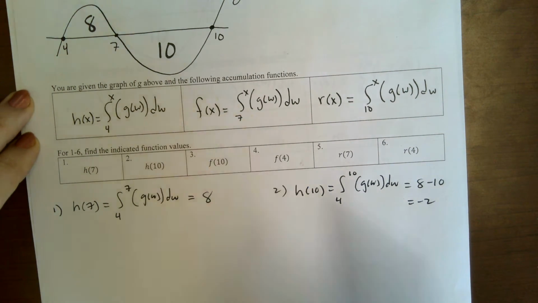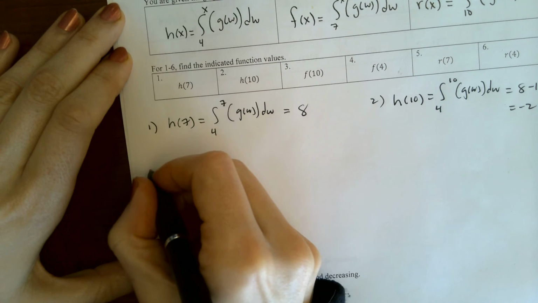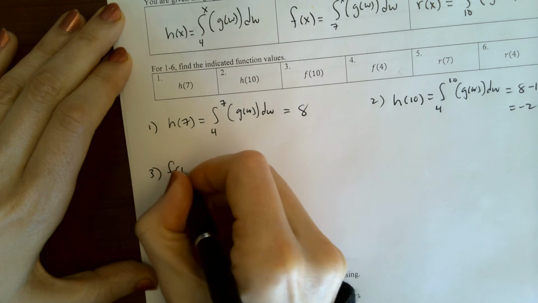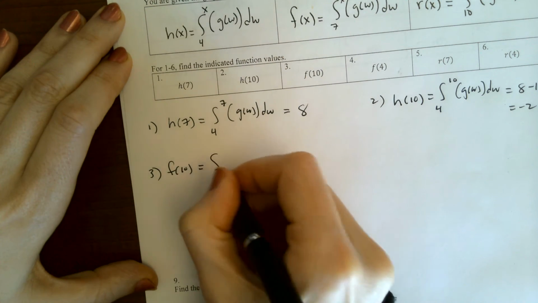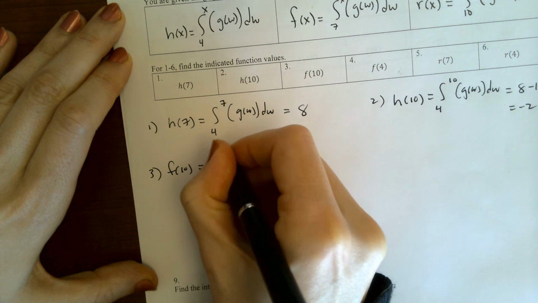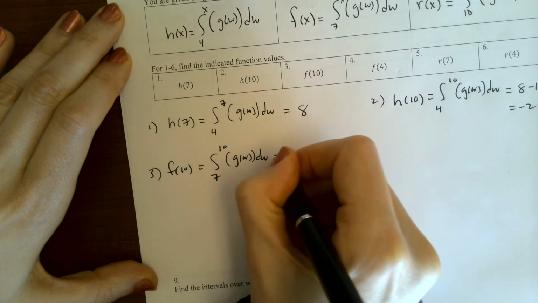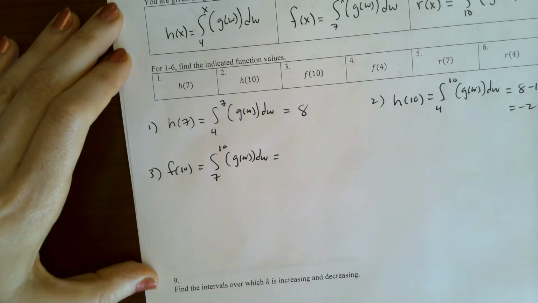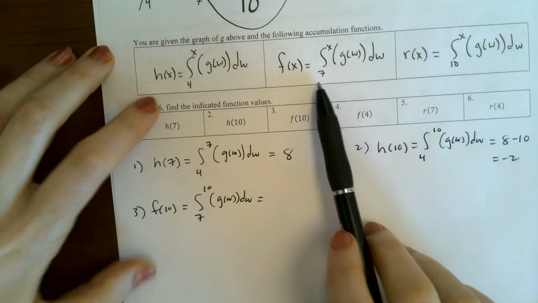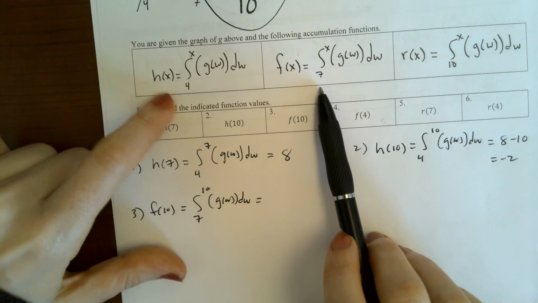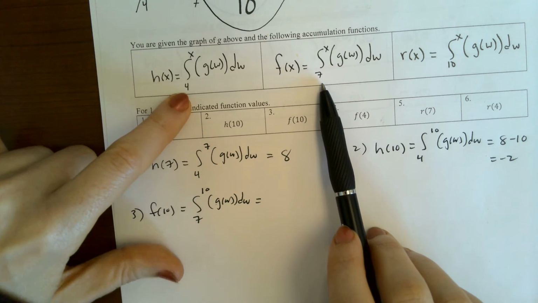All right, now I'm going to do f of 10. I'm going to use this one. So f of 10 is the integral from 7 to 10 of g(w) dw. All right, so the difference in h and f is the starting endpoint.